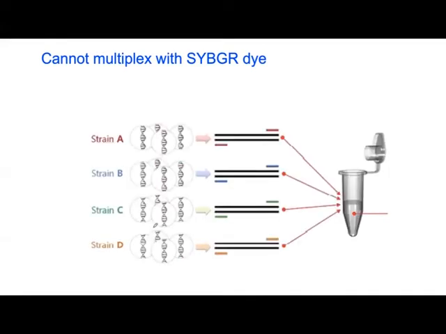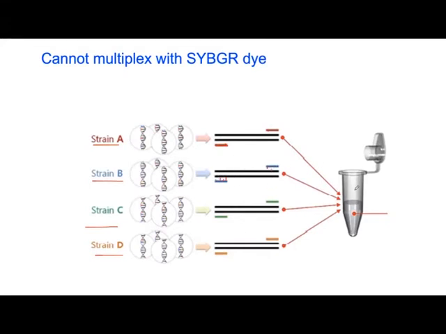So let's talk about multiplexing here. Say you have a sample from a plant, an animal, or blood, and you want to measure 4 strains of bacteria. You need to design a primer pair, reverse and forward, specifically for each strain, one by one.